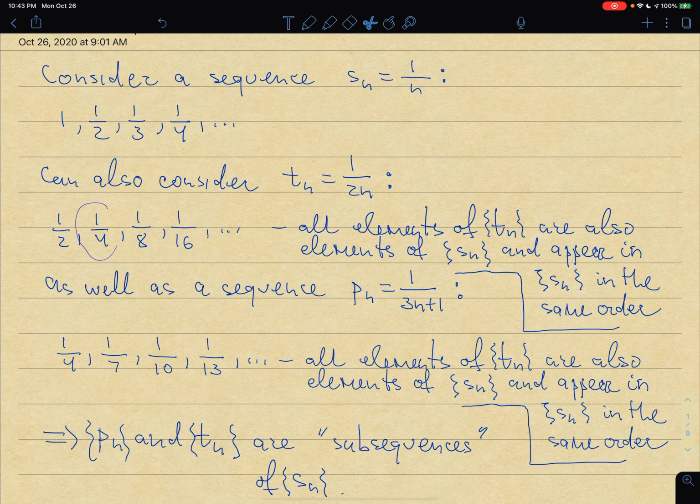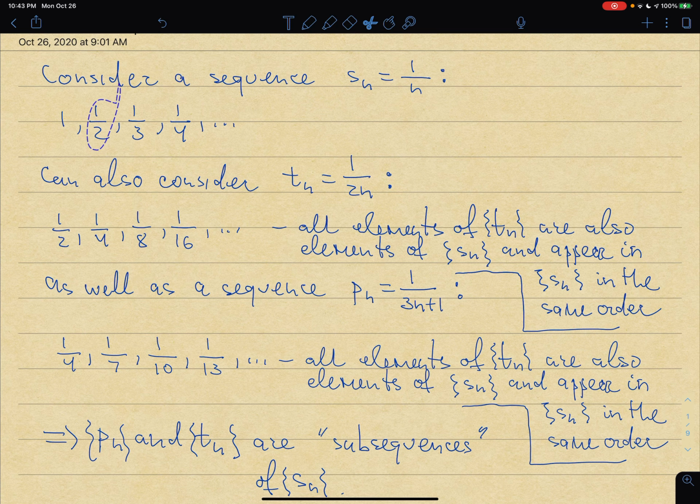The second element in Tn is the fourth element in the original sequence. So I want to relate the indices that appear in Tn and the indices that appear in Sn, because the position of 1/2 in Tn and Sn is not the same.